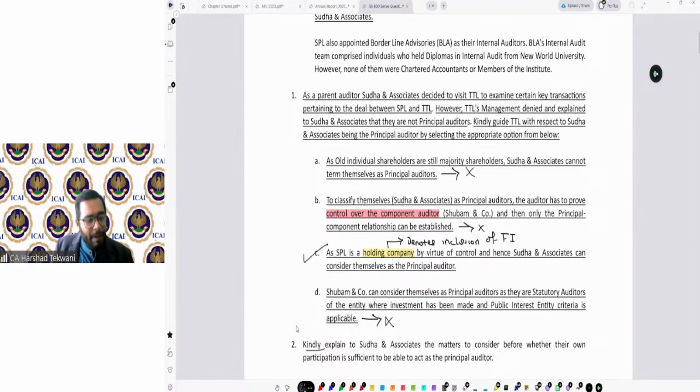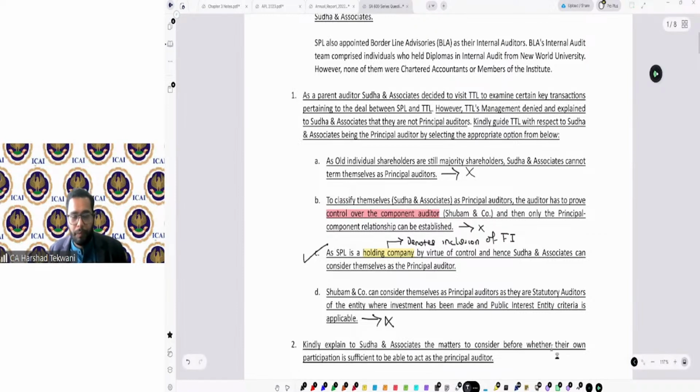Next is, kindly explain to Sudha and Associates the matters to be considered before deciding whether their own participation is sufficient to act as a principal auditor or not. What are the matters to consider that their own participation is sufficient?